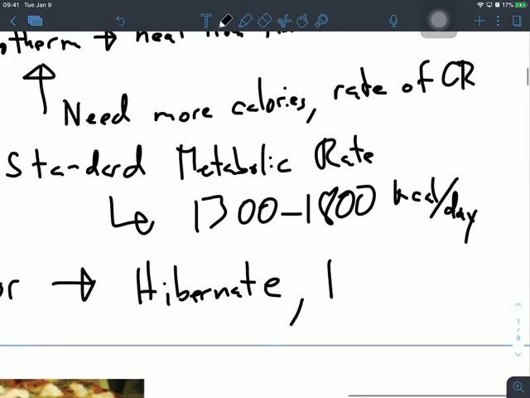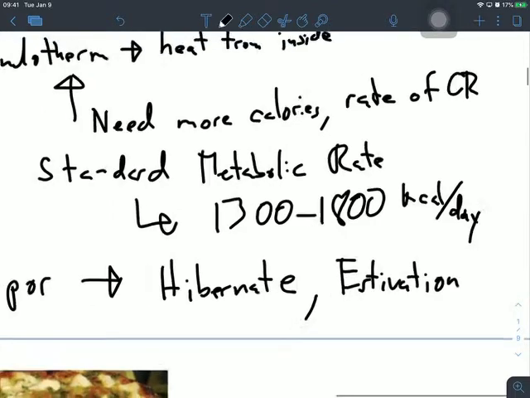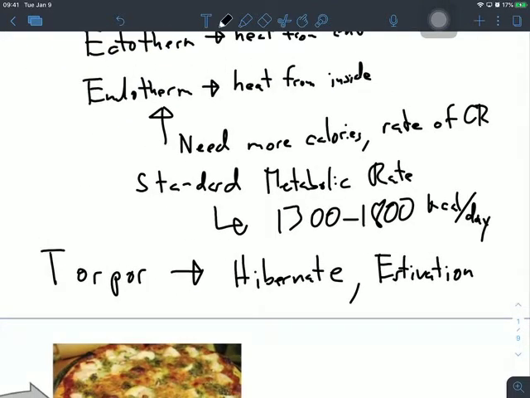We call this estivation. Hibernation and estivation. And you can imagine that there are organisms that live in the desert that need to be able to estivate when there's no water, and then might rise when they feel some rain a-coming.